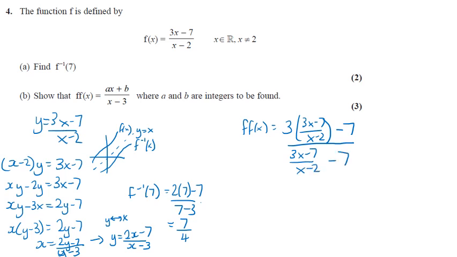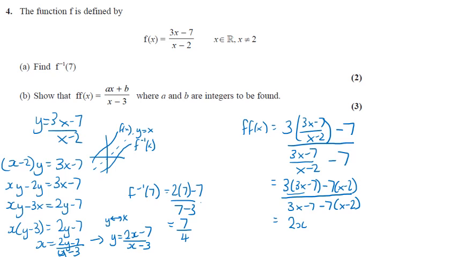If we multiply top and bottom by x minus 2, we get 3 times (3x minus 7) minus 7 times (x minus 2), divided by (3x minus 7) minus (x minus 2). And if we then just simplify that, on the numerator we've got 3 times 3x, that's 9x, minus 7x, so that's 2x.